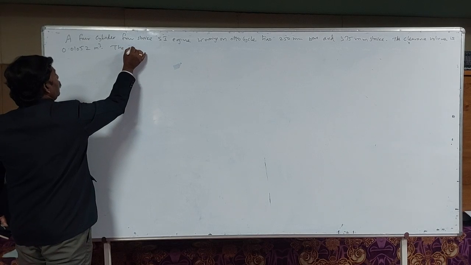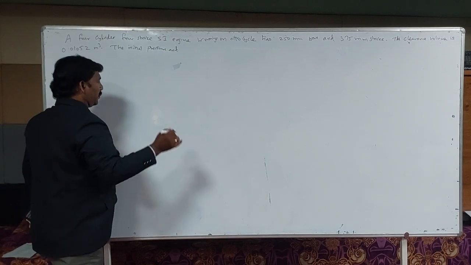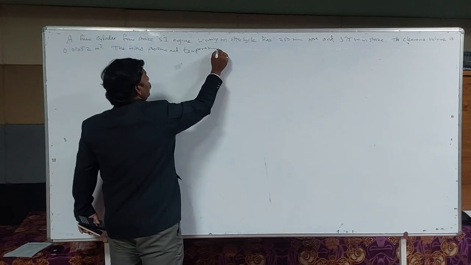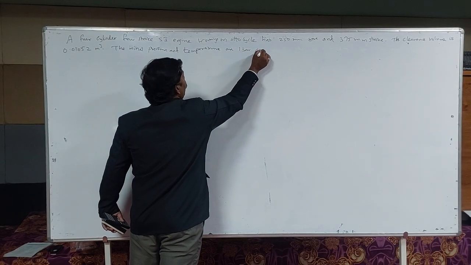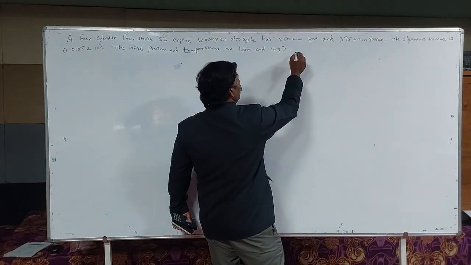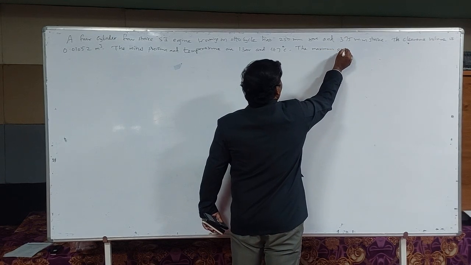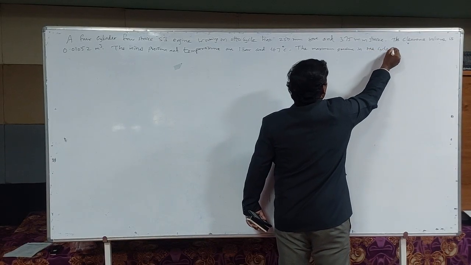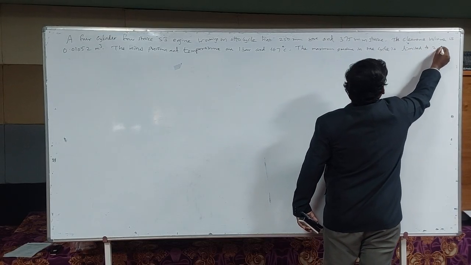The initial pressure and temperature are 1 bar and 47 degrees Celsius. The maximum pressure in the cycle is limited to 25 bar.